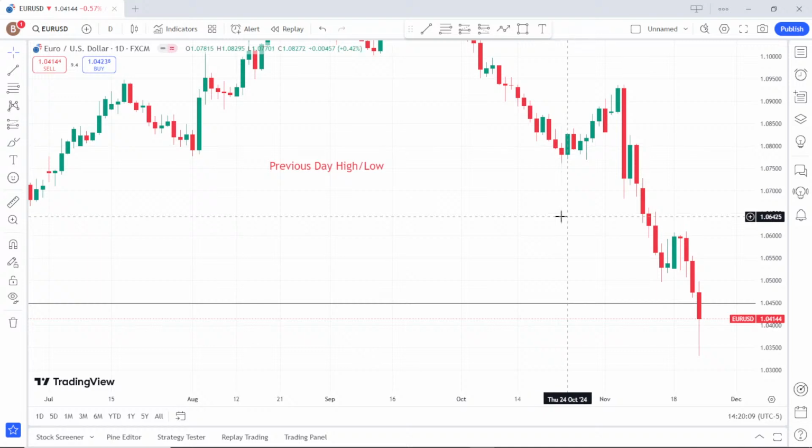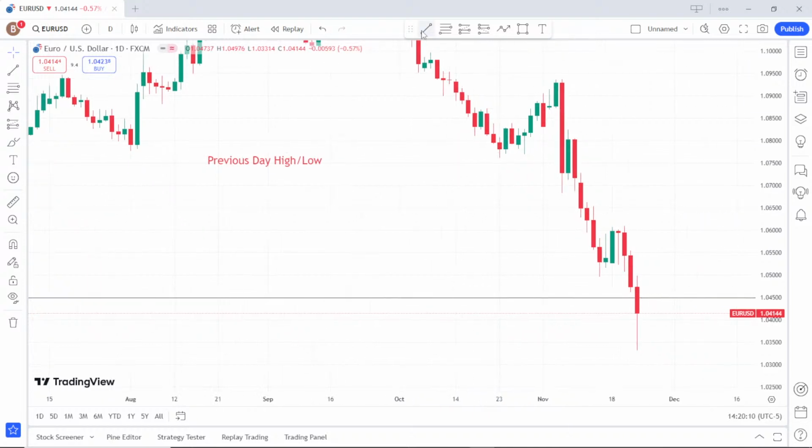This form of liquidity whereby you target the previous day's low. If you are bearish, you target the previous day's low. If you are bullish, you target the previous day's high.